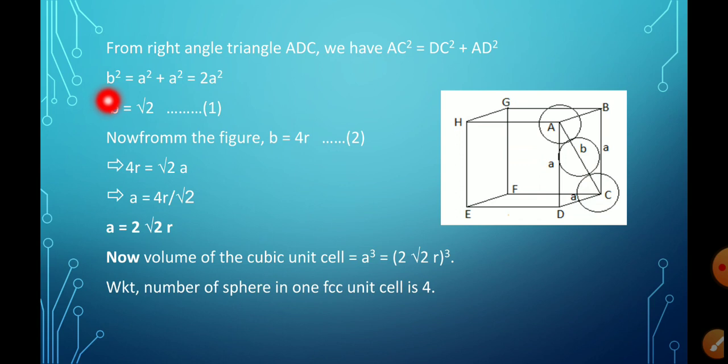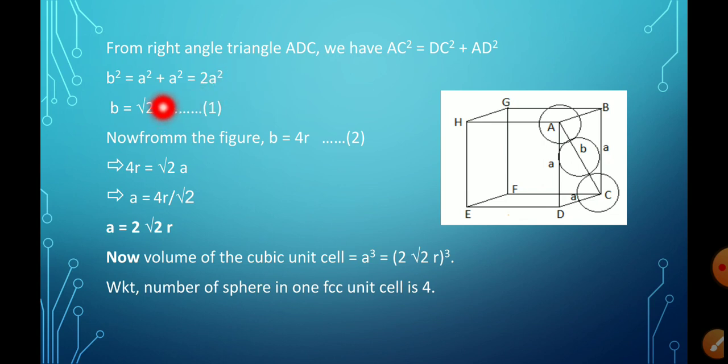Therefore AC square is equal to b square. DC is the side of the cube, therefore DC square is a square. AD is another side, therefore it is a square. Therefore b square is equal to 2a square, therefore b is equal to square root of 2a.